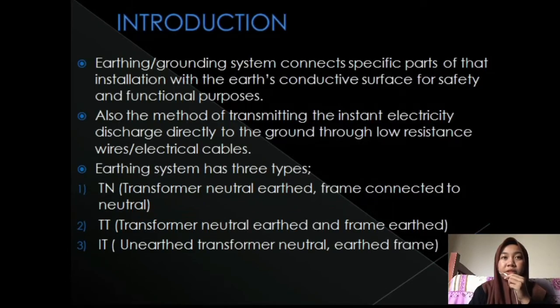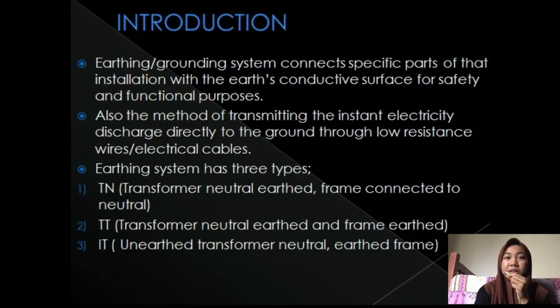So for the introduction, earthing or grounding system connects specific parts of the installation with the Earth's conductive surface for safety and functional purposes. Also, earthing is a method of transmitting the instant electricity discharged directly to the ground through resistant wires or electrical cable.